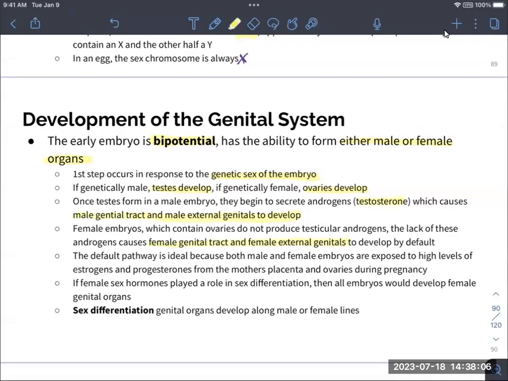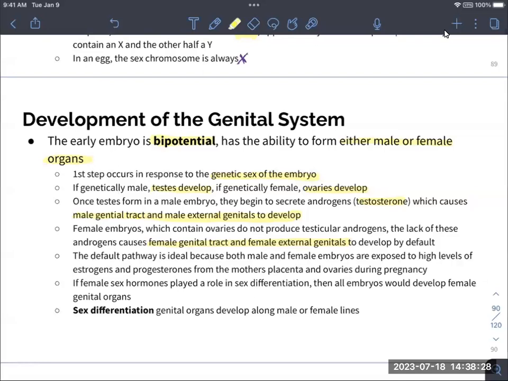The default pathway is ideal because male and female embryos are exposed to very high levels of estrogen and progesterone from the mother. If female sex hormones played a role in sex differentiation, then all embryos would develop as females.